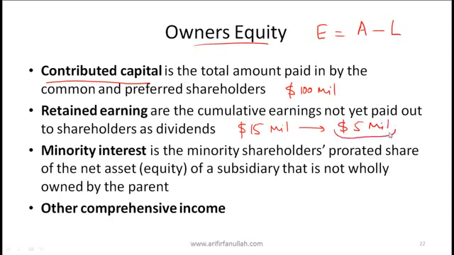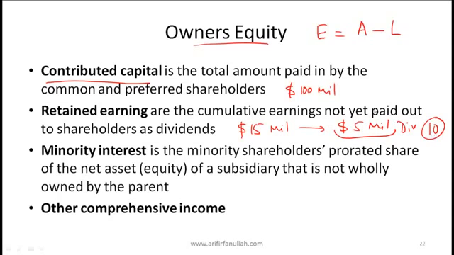So retained earnings is 10 million in this case. Why is it 10 million? Because total earnings were 15, 5 million paid out to the shareholders, so what the company has retained is 10 million. So the retained earnings are also a part of owner's equity.